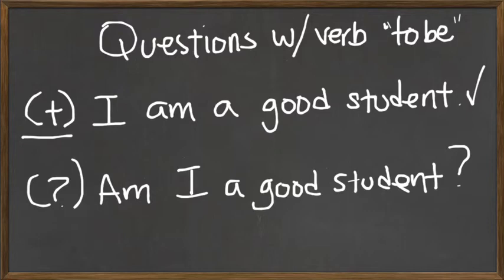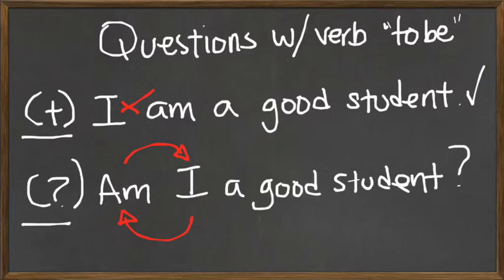If we want to make a question, we need to do something that we always do with English questions. We're going to make an inversion of items. We're going to change this for this. And the result is, am I a good student?